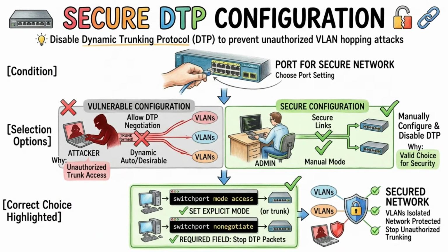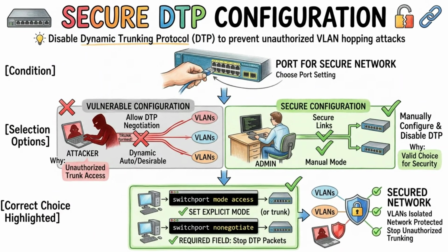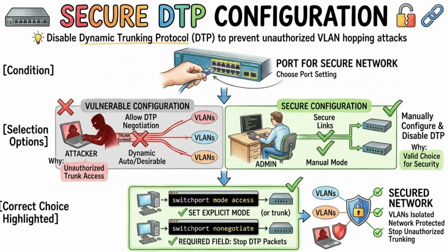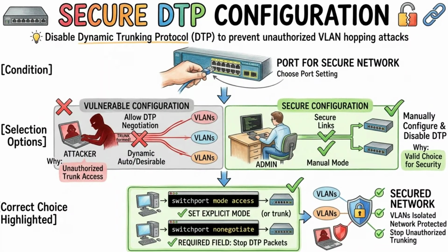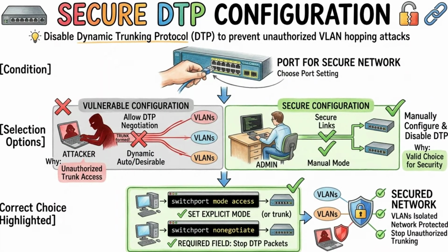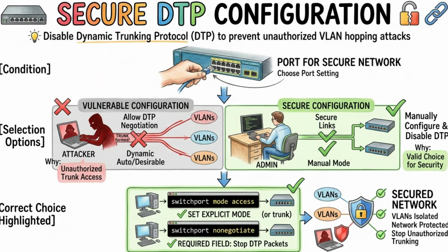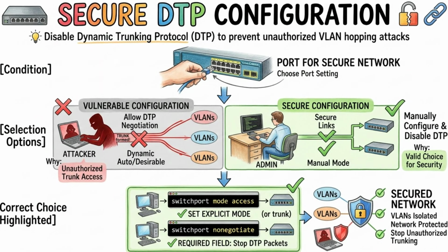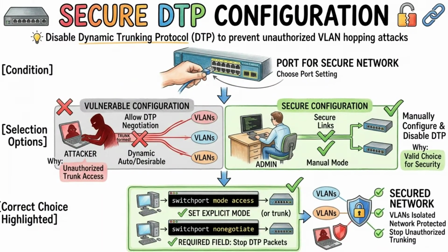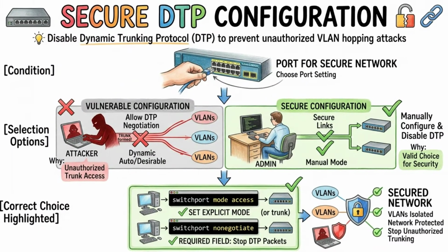Cisco switches feature an automatic negotiation system called the Dynamic Trunking Protocol, or DTP, which attempts to figure out if a port should act as an access port or a trunk port. When you plug two Cisco switches together, they can use DTP to automatically form a trunk link without the administrator having to type any manual configuration commands.